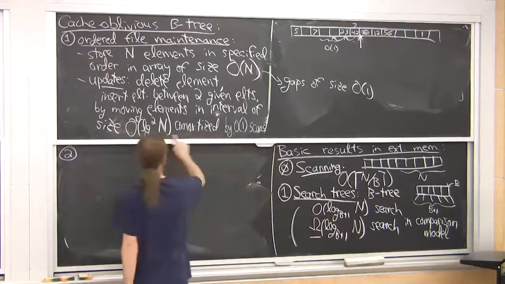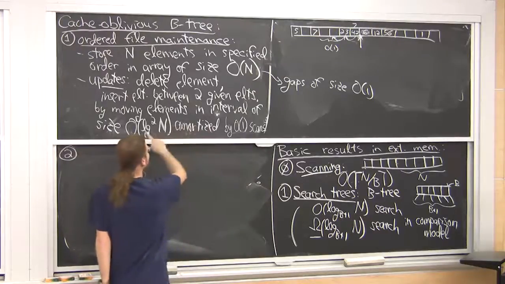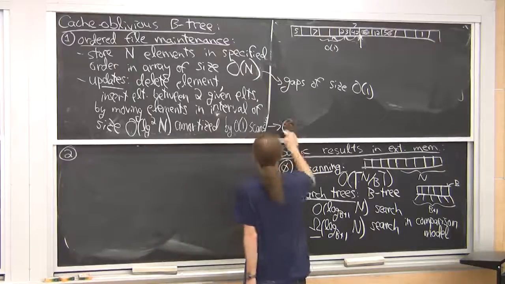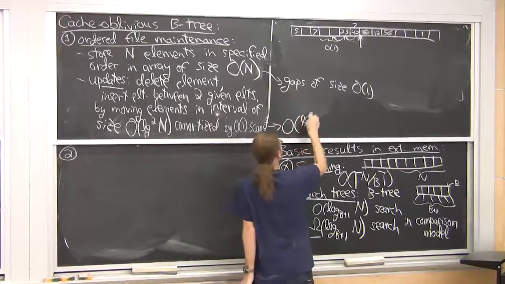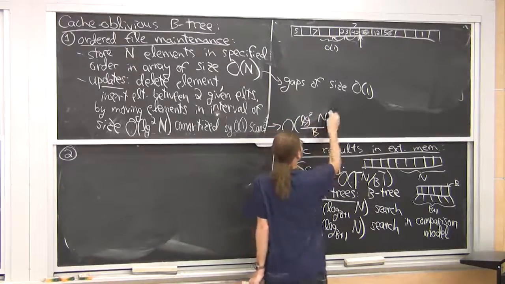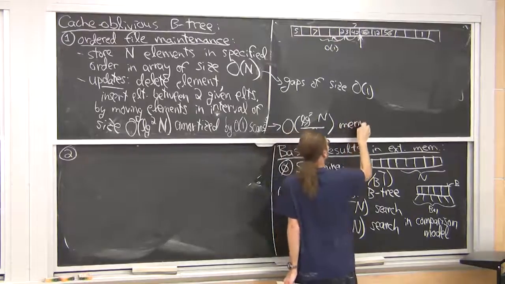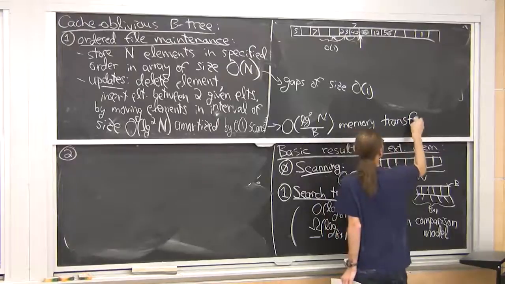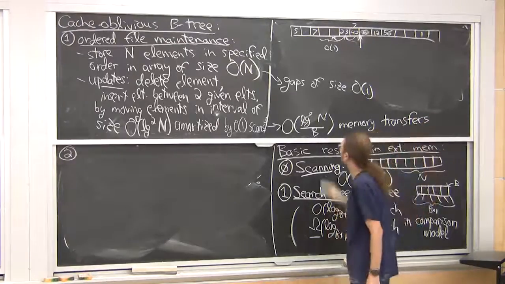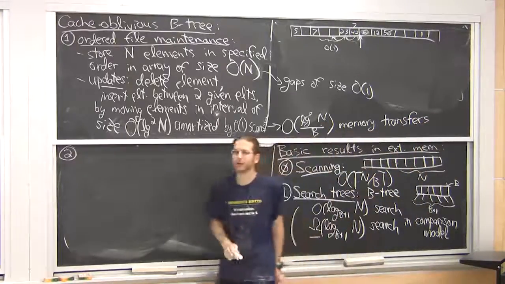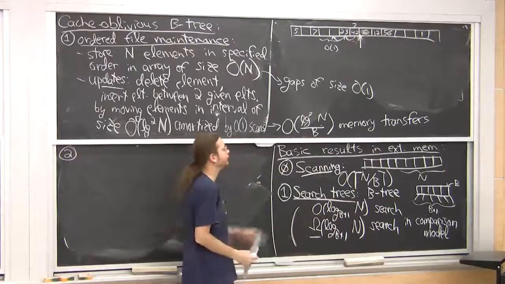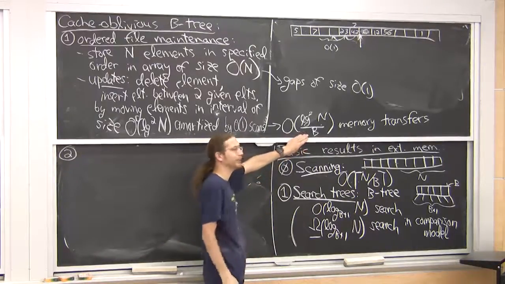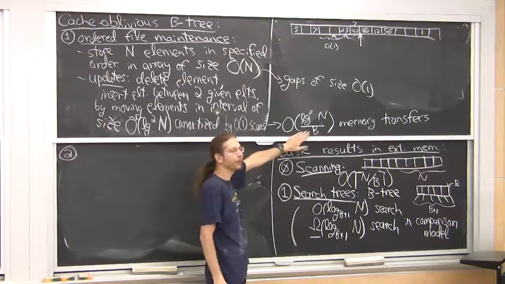So if you're going to update an interval of log squared n guys using a constant number of scans, this will take log squared n over B memory transfers. Not quite the bound we want. We want log base B of n. This could be larger or smaller than log base B of n. It depends how big B is. But don't worry about it for now.